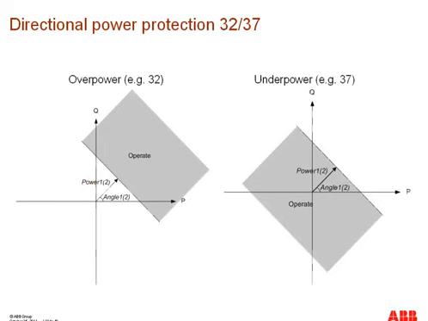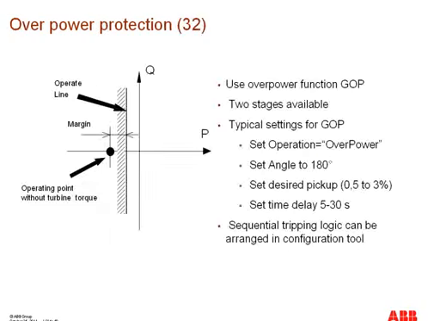Both an overpower relay as well as an underpower relay are used to detect the power direction criteria, and in combination of both, this protection works. For the overpower protection, one should set the relay to trip if the power flow from the network to the generator is higher than 1%, depending on the type of the turbine.